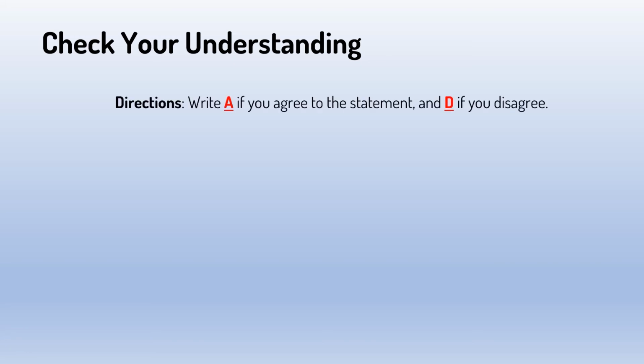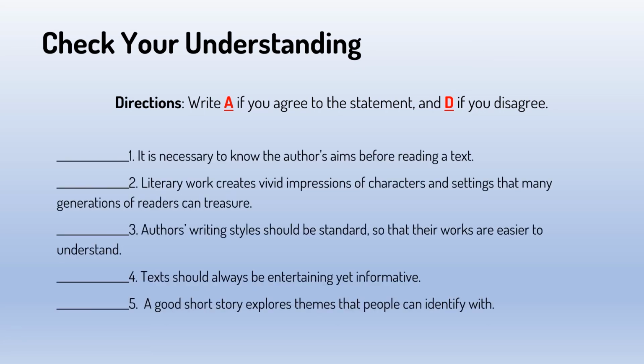It's time to check your understanding about our topic for today. Write A if you agree to the statement, and D if you disagree. Number 1. It is necessary to know the author's aims before reading a text. Number 2. Literary work creates vivid impressions of characters and settings that many generations of readers can treasure.